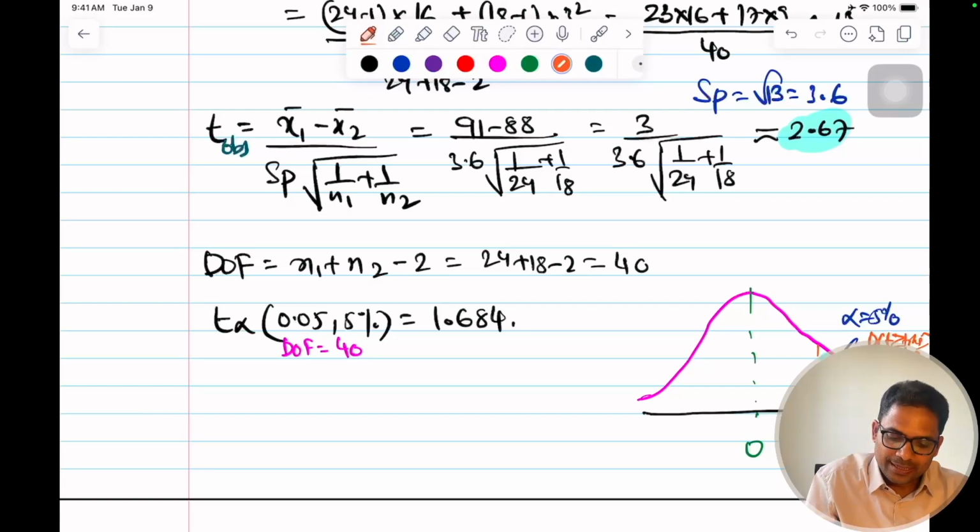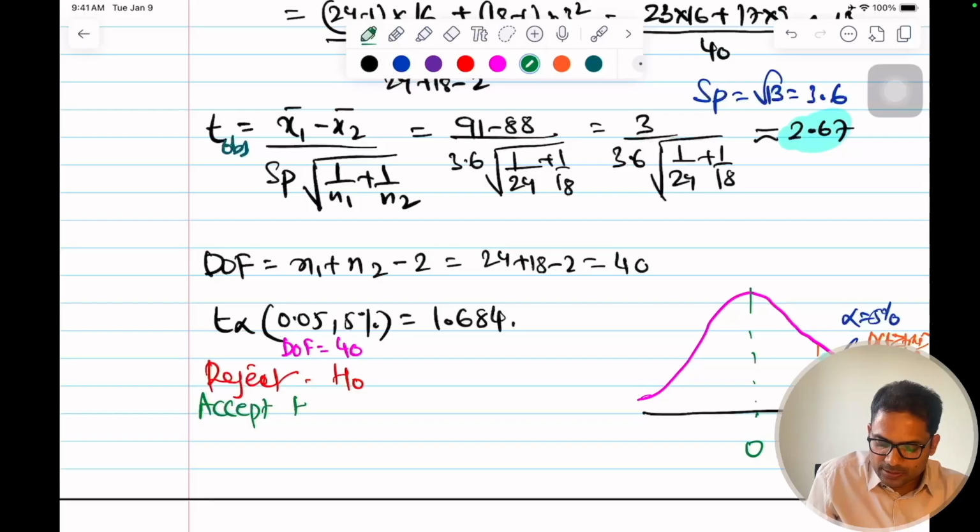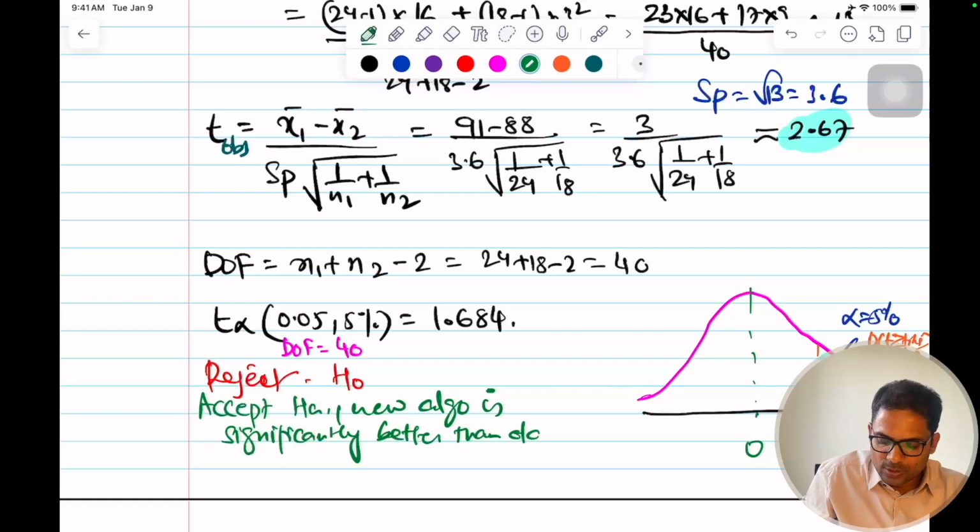So we reject the null hypothesis finally and accept the alternate hypothesis. And what does the alternate hypothesis say? That the new algo is significantly better than the old algo, in terms of accuracy.